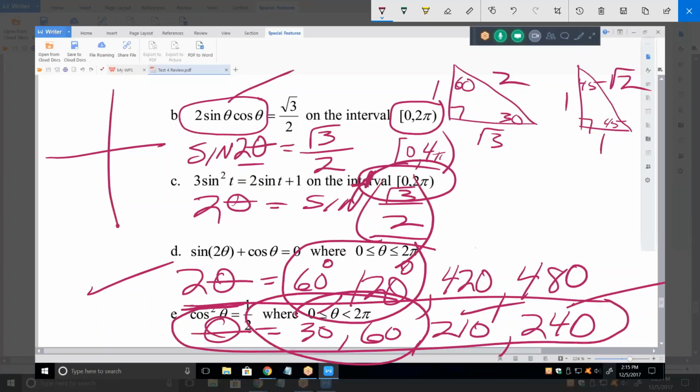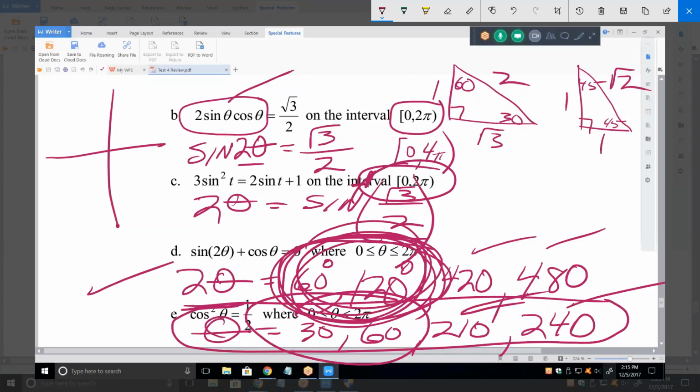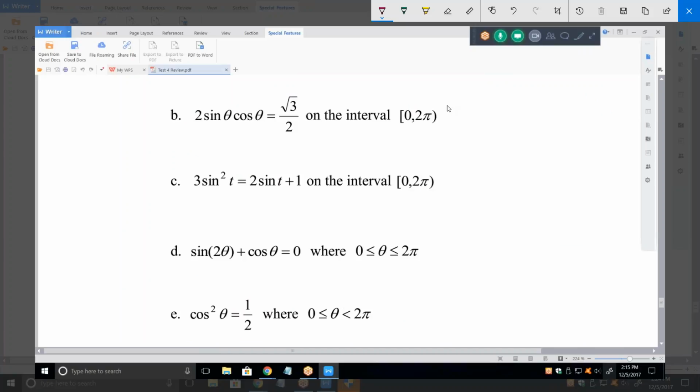People are going to miss those 2 right there, because they don't extend the domain out to 4 pi. They leave it at 2 pi, which means they come up with those 2 answers. Those are the only 2 answers they think they have. They divide them by half to get 30 and 60, but they omit the other 2 answers. So very important to expand that domain to whatever it needs to be.